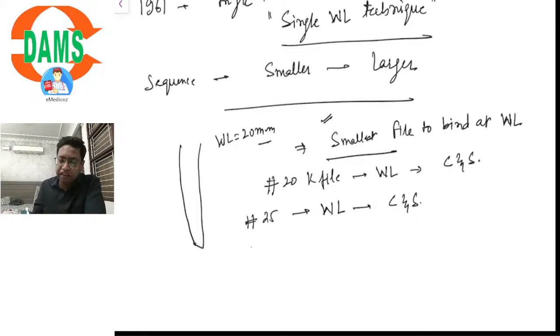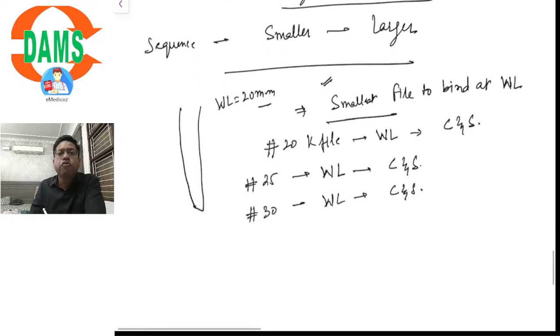Then we would take the next higher size, set it again to working length, and do cleaning and shaping. So what you have to remember is that it is called the single working length technique, one of the simplest techniques used for cleaning and shaping of the root canals. Each and every instrument is taken to the full working length and cleaning and shaping is done. And what is the sequence? From the smallest to the largest.